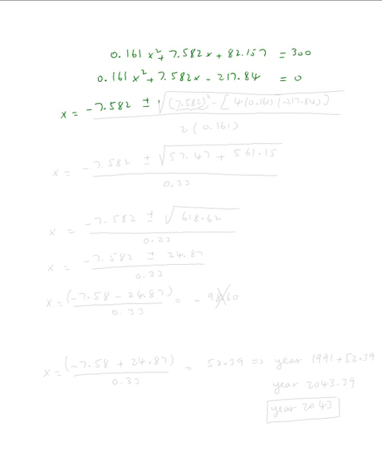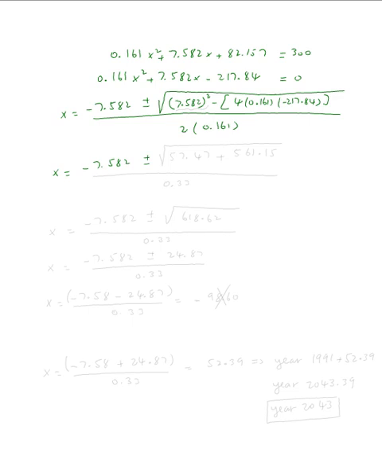Now, using the quadratic formula, x is equal to minus b, minus or plus the square root of b squared, which is 7.582 squared, minus 4 times a times c. A is 0.161, c is negative 217.84, and then everything over 2 times a, which is 0.161.